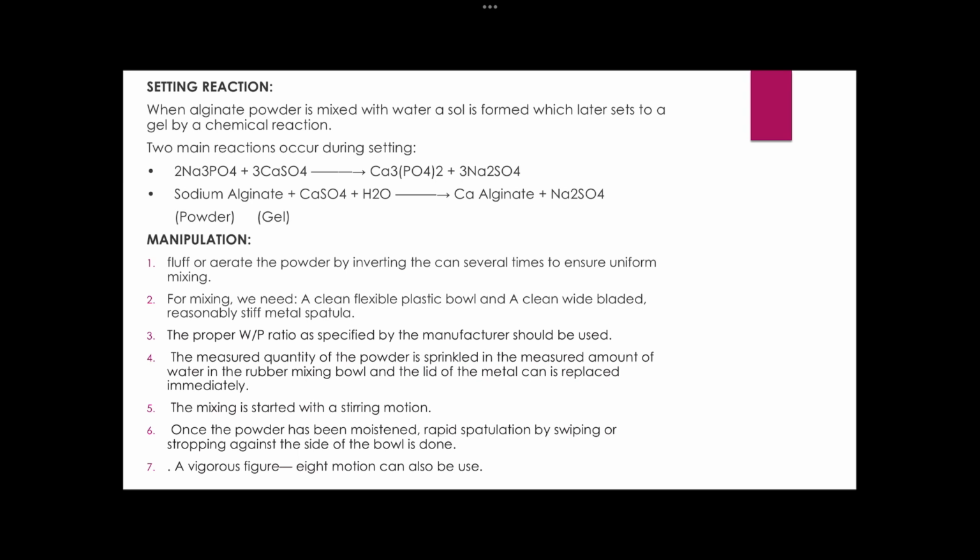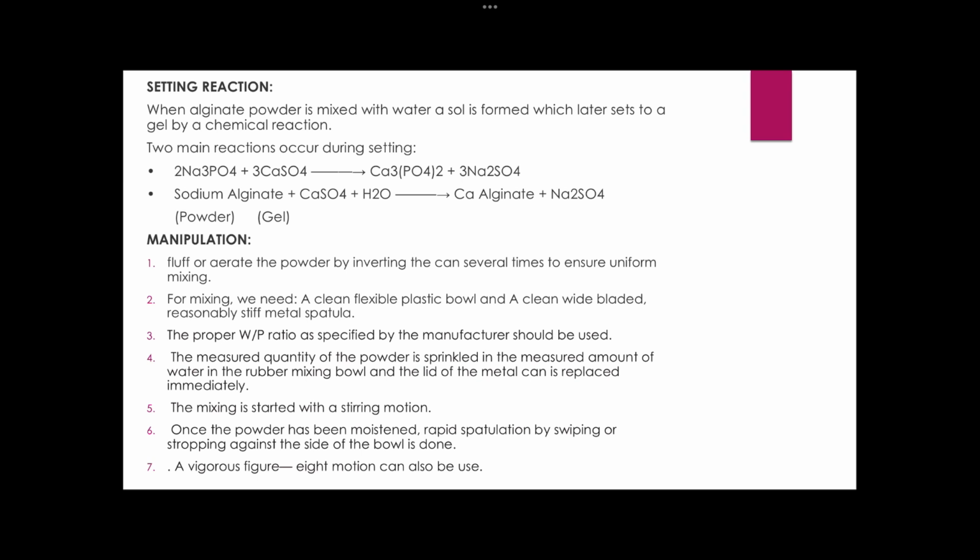Now let's see the manipulation. As I have told you, manipulation is very important. Fluff or aerate the powder by inverting the can several times to ensure uniform mixing. So basically you are supposed to aerate the powder by inverting the can several times so that there is a proper mixing.